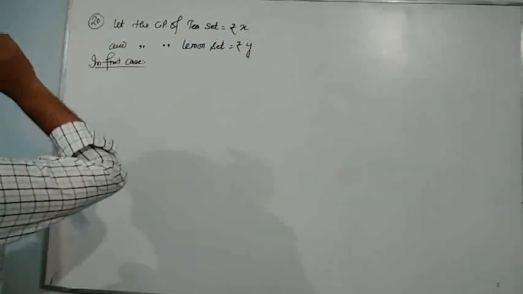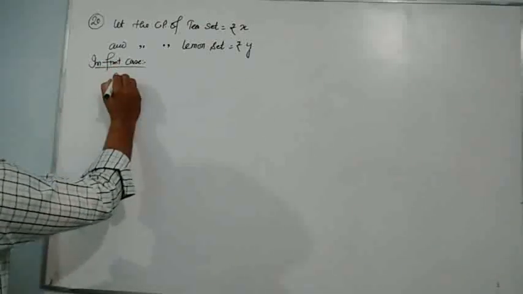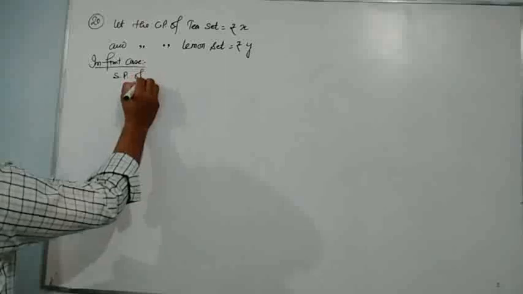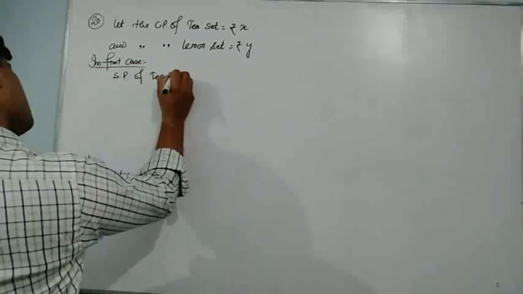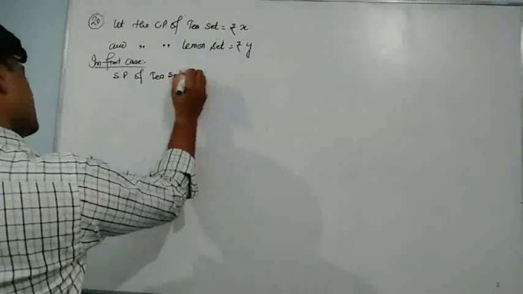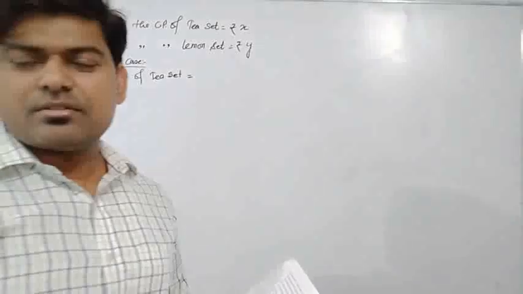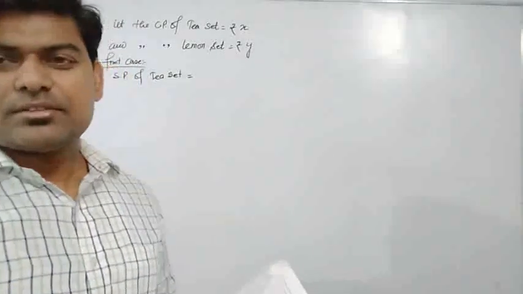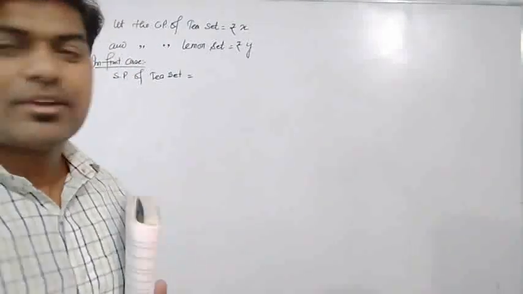In first case, SP of tea set is equal to what? How can we find SP? It's written that there is a 5% loss.